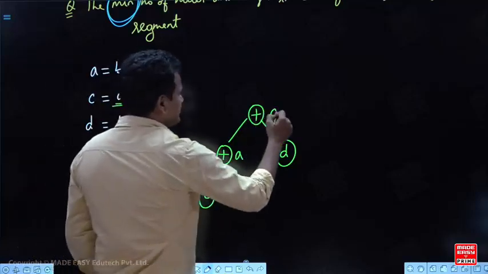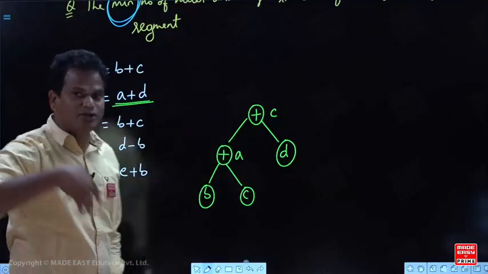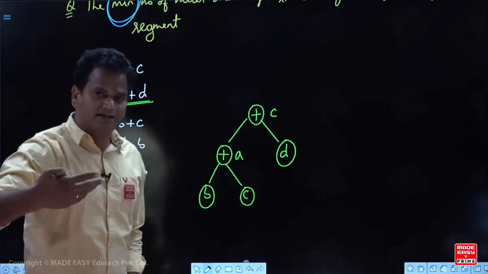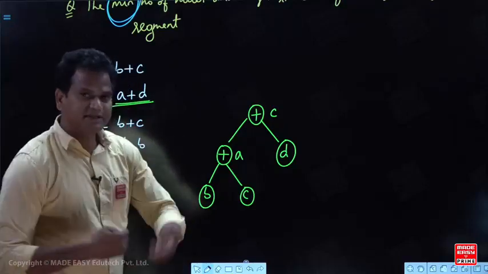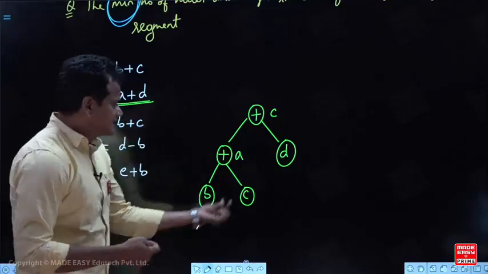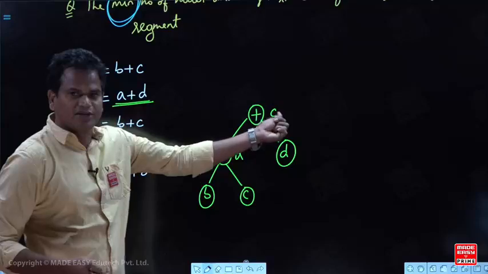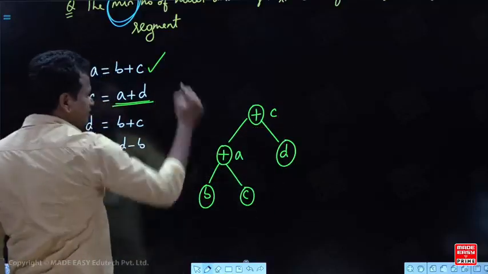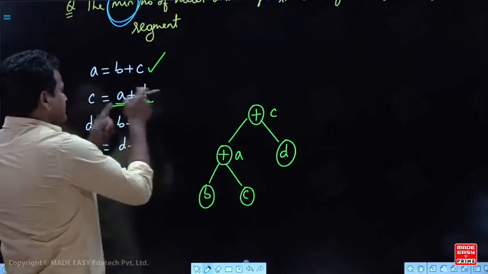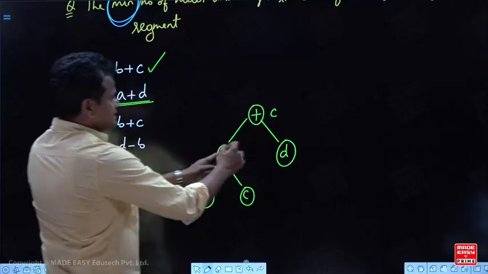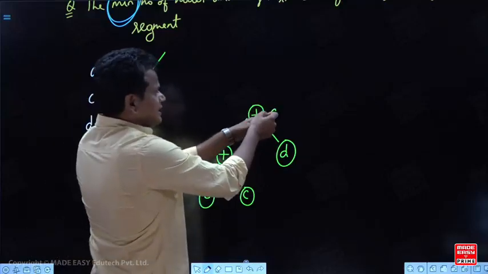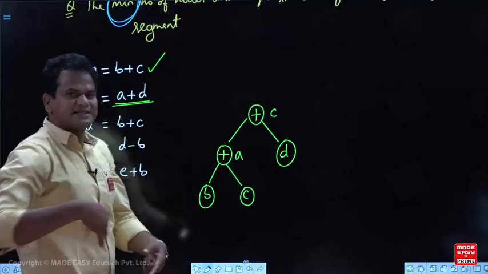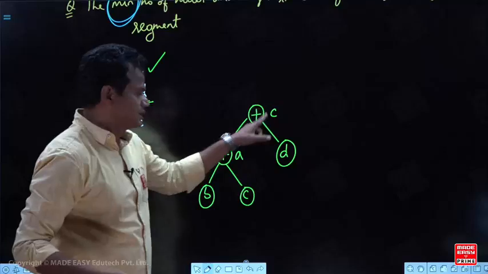C. So for the next sequence, whenever you get the C value, every time take the latest value. The latest C is this one. Are you following? So C already we have created here, but C equal to A plus D. So this result is C. Now this is the latest C. So after this, whenever you get the C, you have to use this C only, not this one.